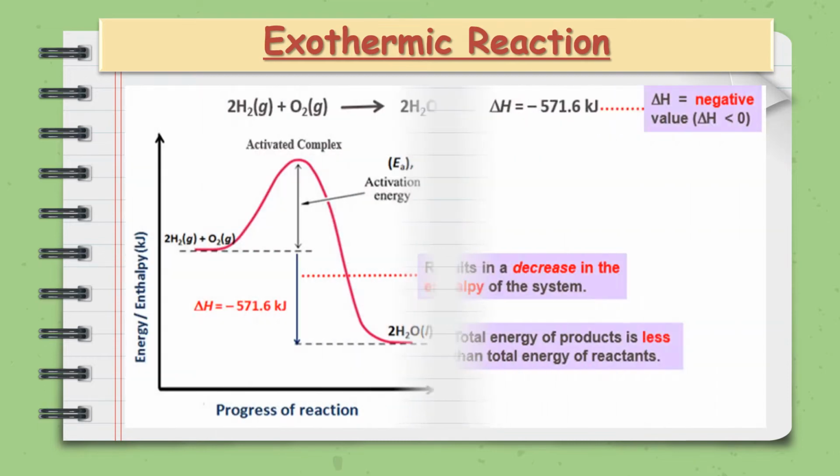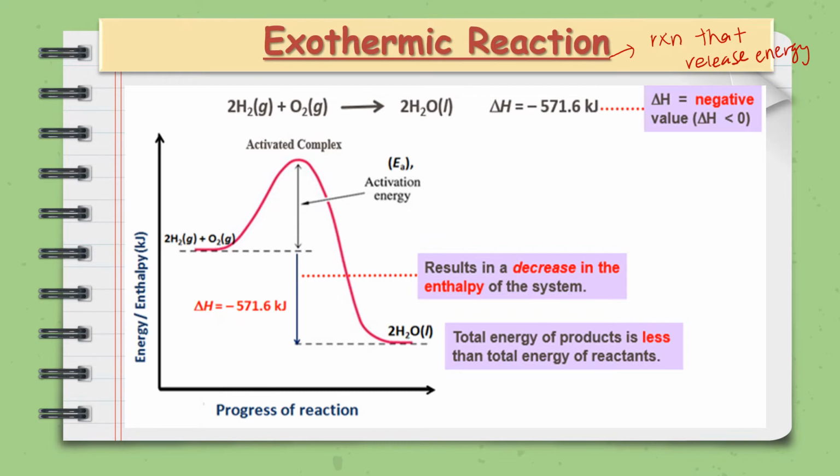So this is the energy profile diagram for the exothermic reaction. Like we said before, an exothermic reaction is a reaction that releases energy. Where does the energy go? From where to where?